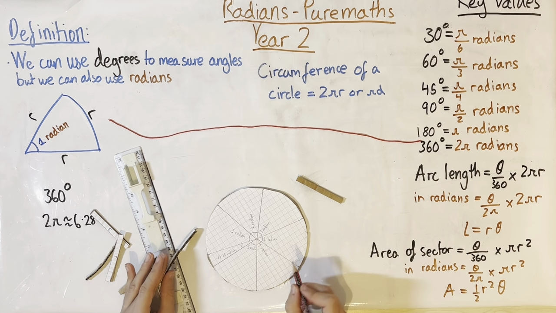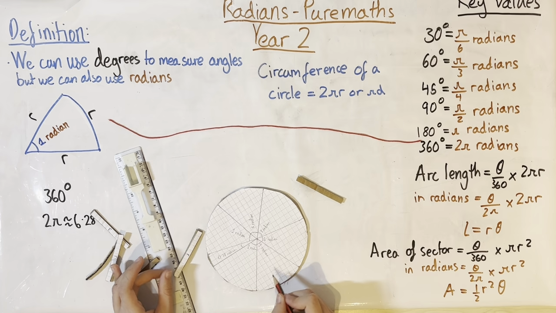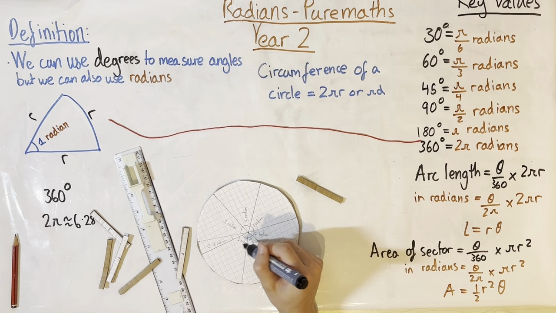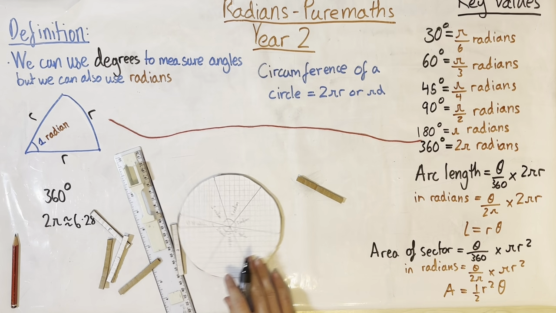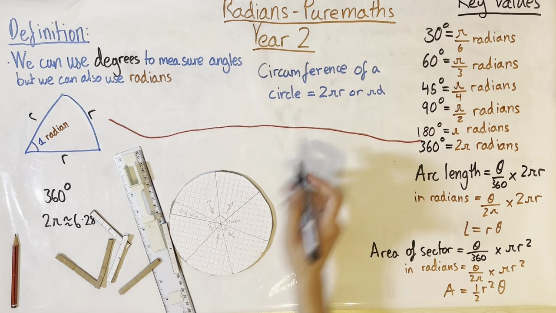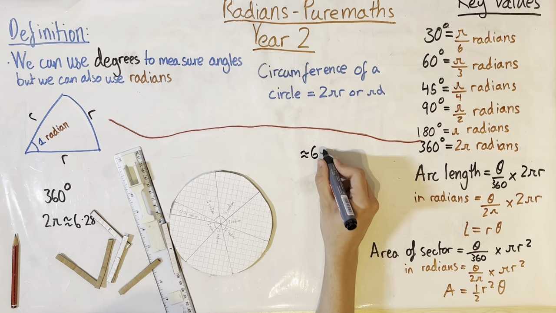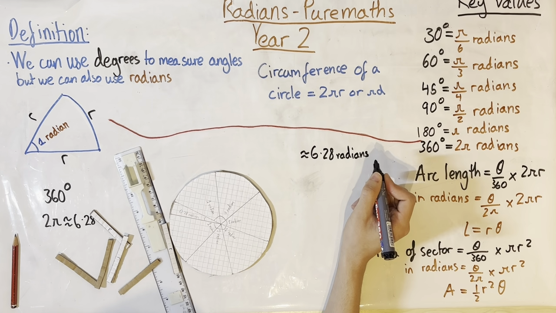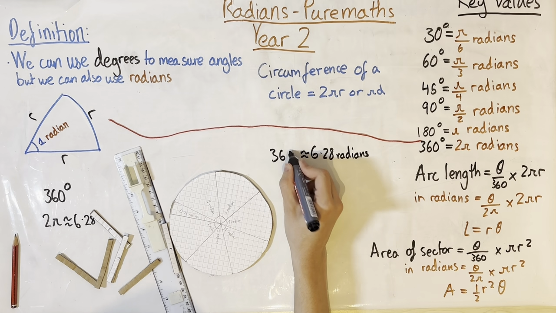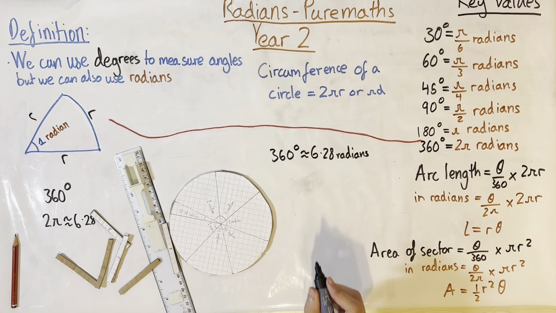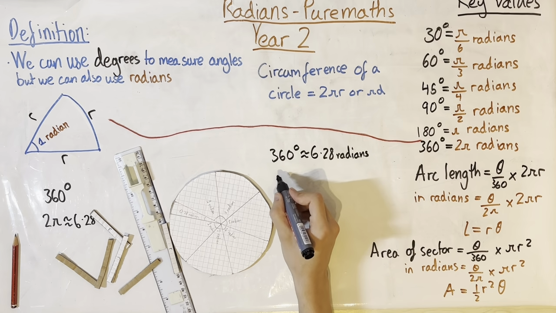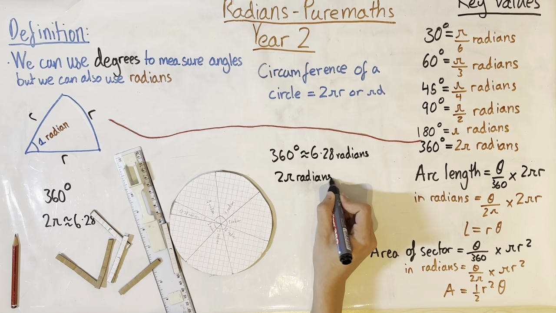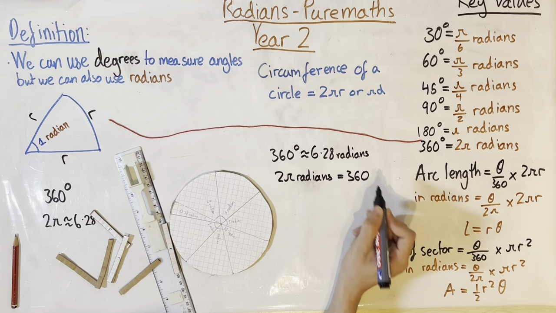So what we can see is that if we equate this all to 360 degrees, roughly 6.28 radians is equal to 360 degrees. Or, in other words, if we were to get an exact value, 2 pi radians is equal to 360 degrees.